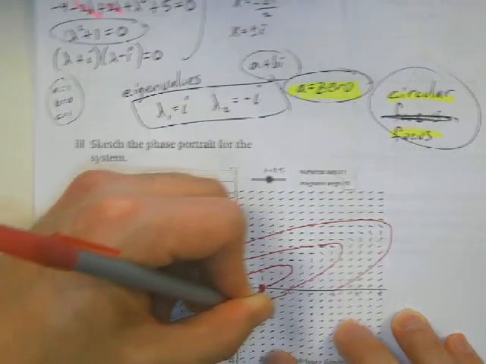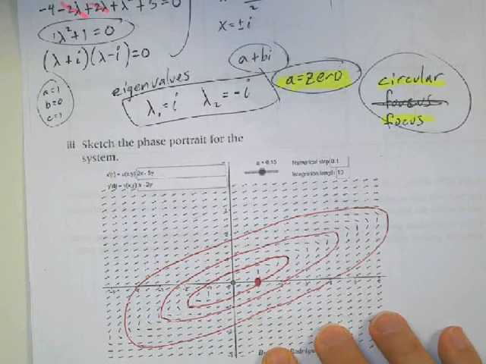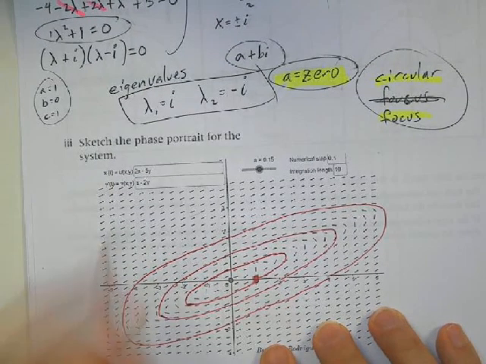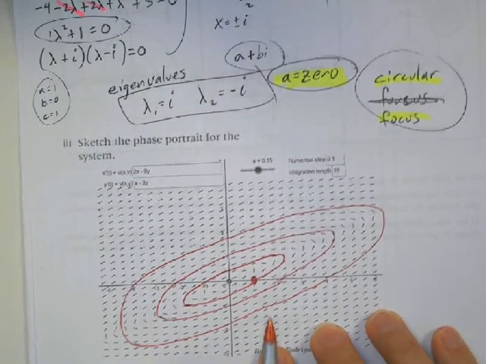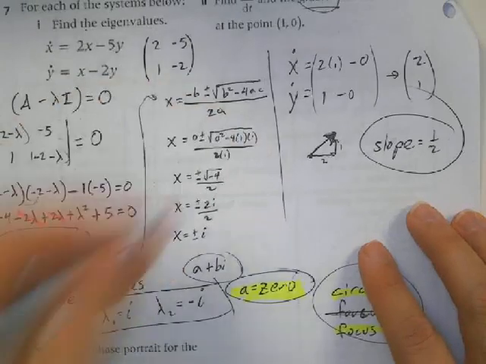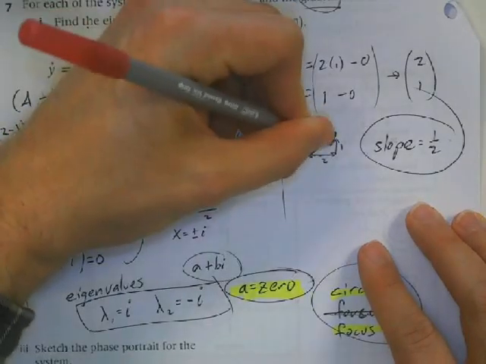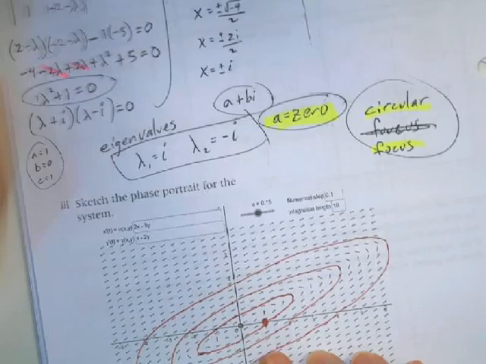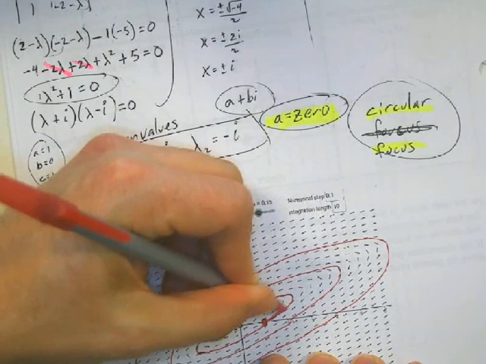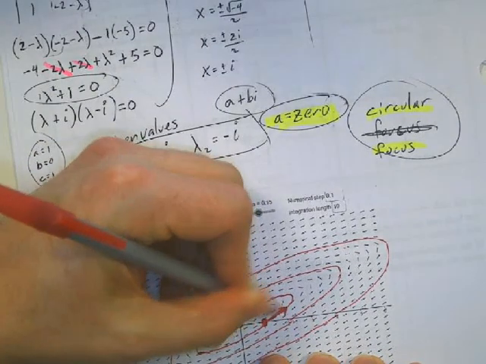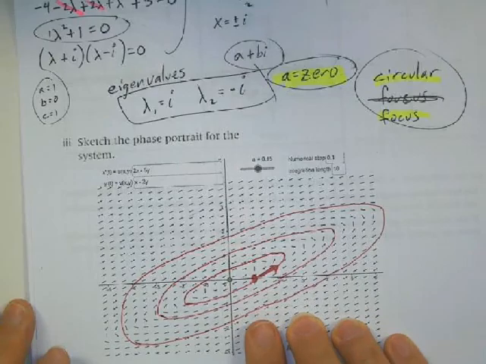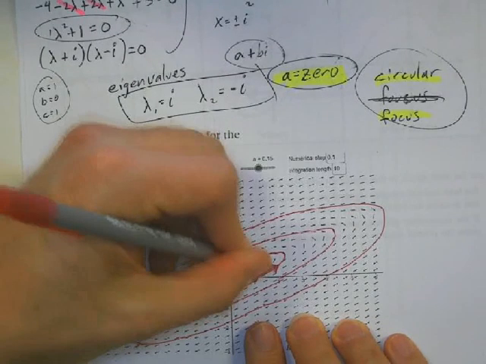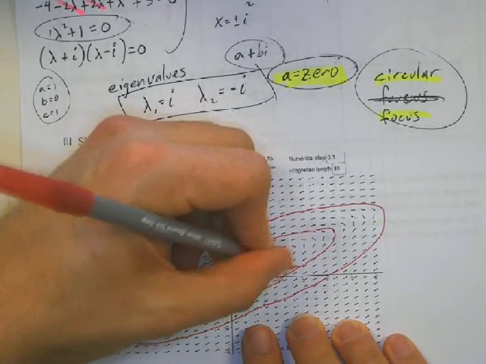Okay. Doesn't have to be perfect, but you get the idea. Now, the question is, what direction are we headed? So because our direction is going this direction, from this dot, we're going this direction with a slope of 1/2. And so now that I know my direction is this way, I can draw my little arrows.